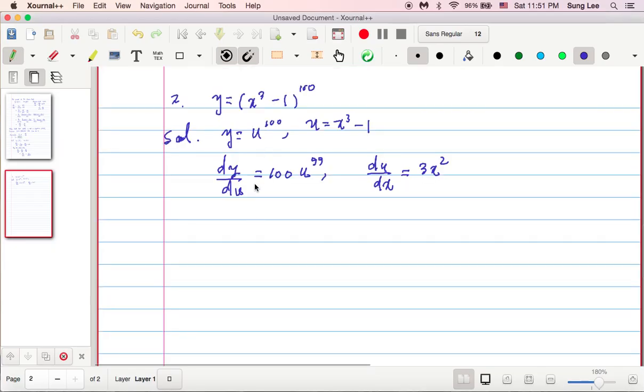In the end, we are going to write down u as a function of x, which is x cubed minus 1. So that's 100 times x cubed minus 1 to the power 99. So dy by dx equals, by the chain rule, dy by du times du by dx.